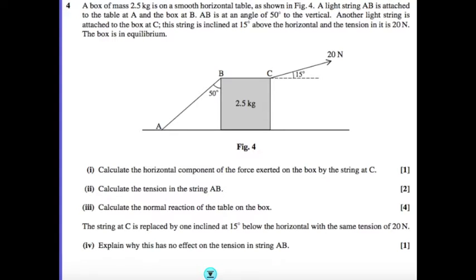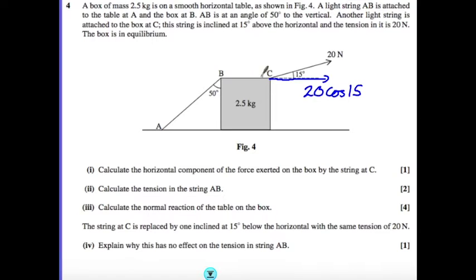Part 1. Calculate the horizontal component of the force exerted on the box by the string at C. So basically they're just asking us to split this into a horizontal component. So that's going to be 20 cos or sine 15. And the way I remember is this is next to the angle, it's adjacent to the angle, so that one's going to be cos.